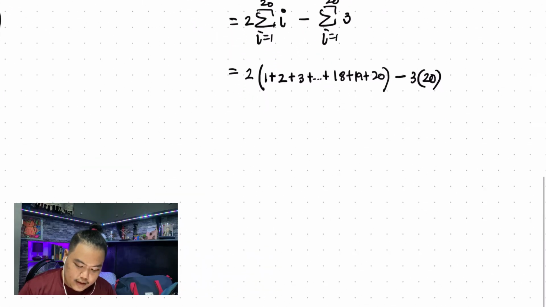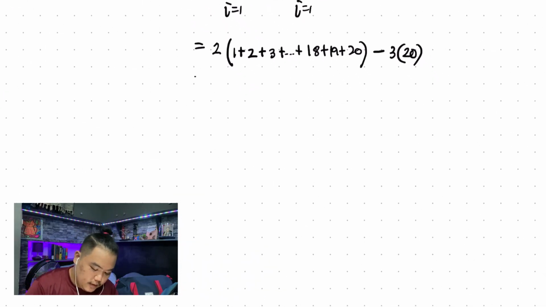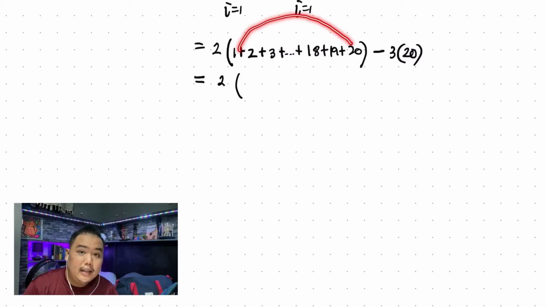Okay, so focus na tayo dito. Eto, pwede mo naman to i-add ng usual na pag-add lang, no? Although may nakikita akong parang pattern. So, this is twice ng, the sum of this is 21, right? 21, 21. So, ilang pairs ng 21 yon?